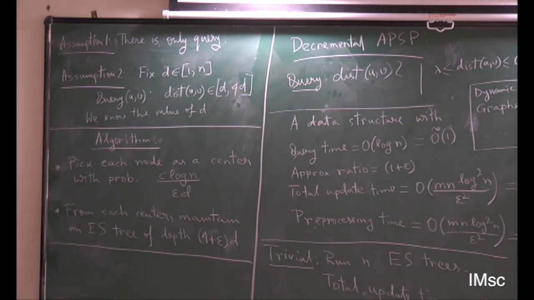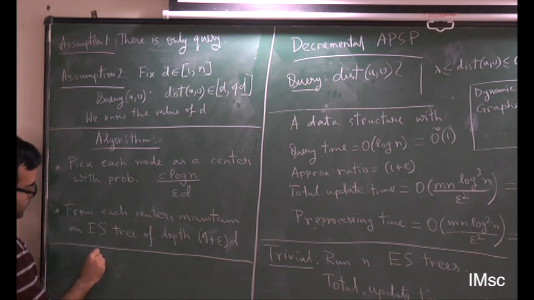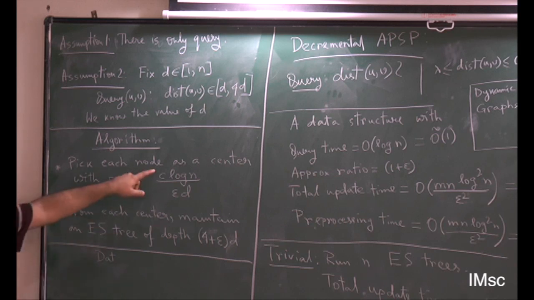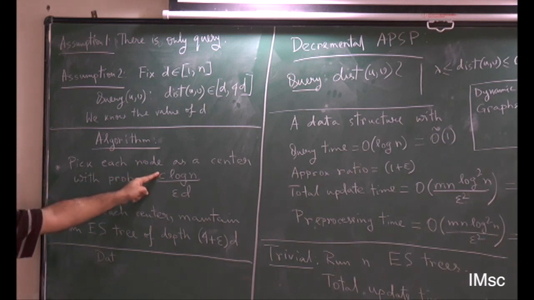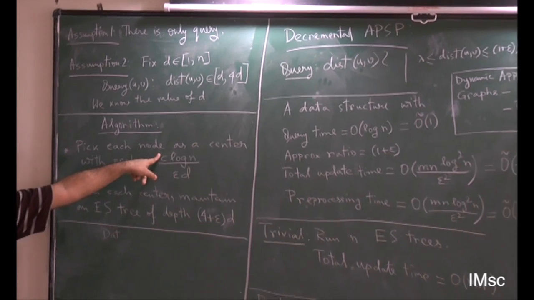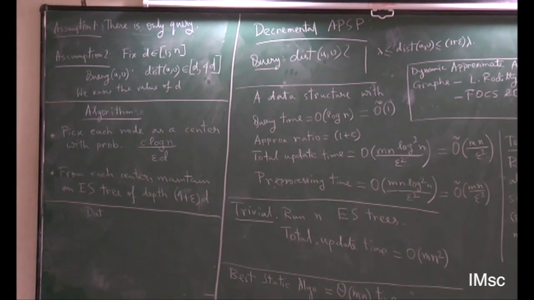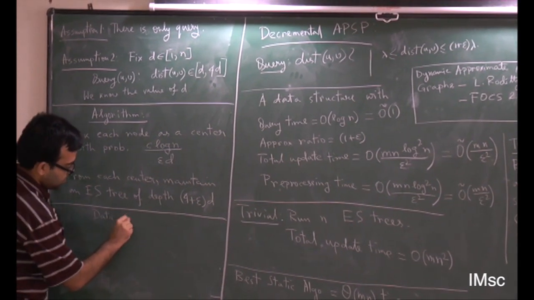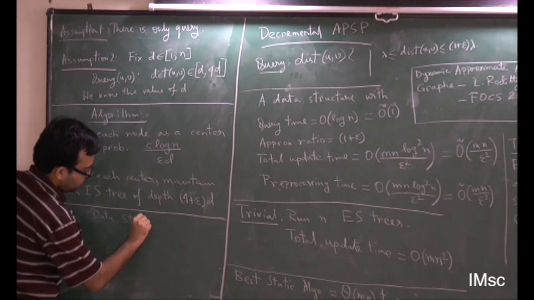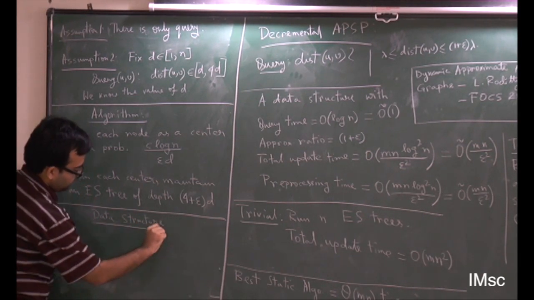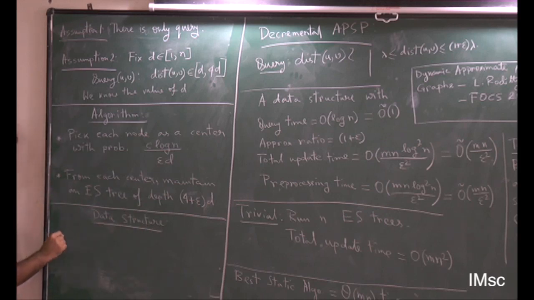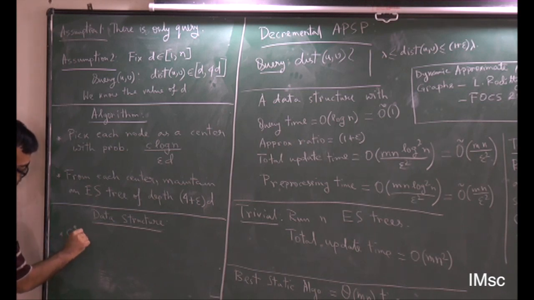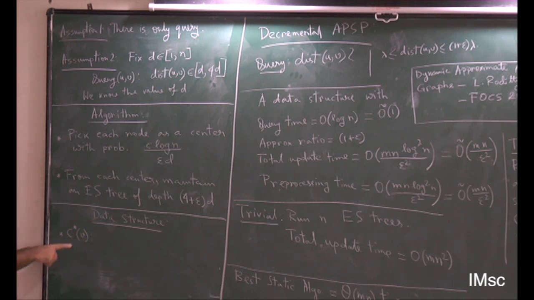In addition, you will need one data structure. The data structure will be, okay, so what is C? C is just some large constant, 100, 200, 1000, that will go into the Chernoff bound. It's not significant. So, you will also need one data structure. The data structure is, let me say C star of v for every node v.